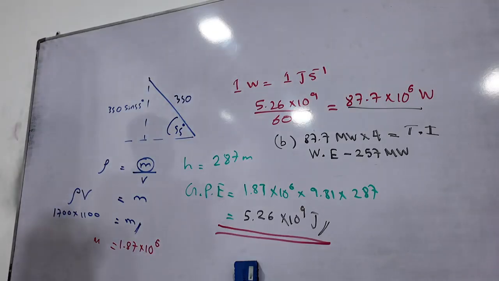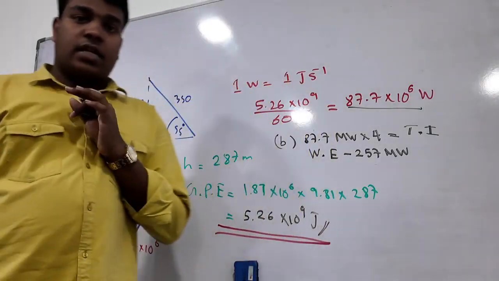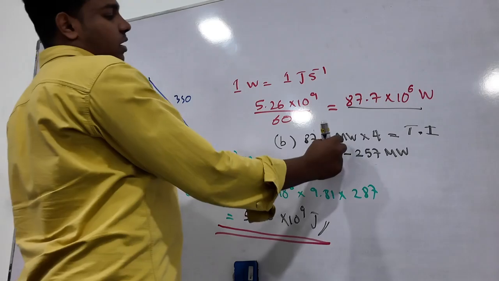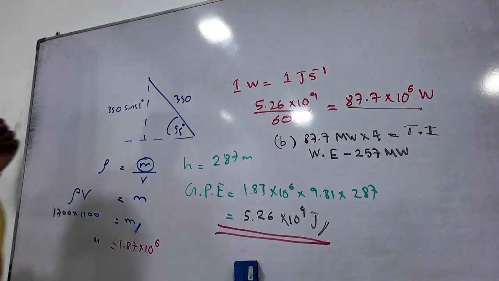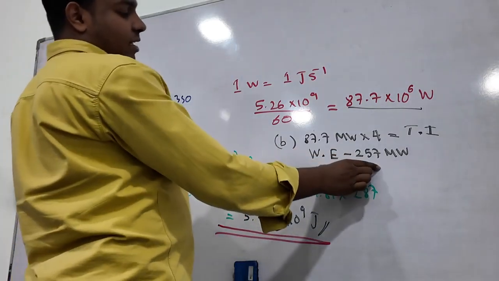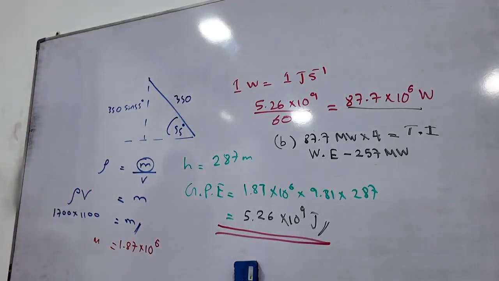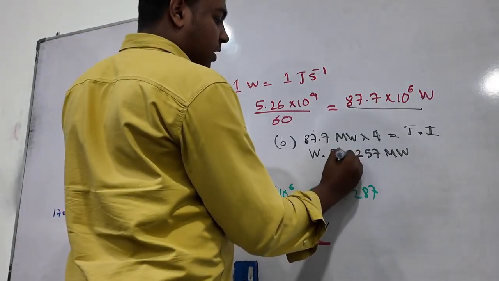You should know efficiency is equal to useful energy output divided by total energy in. So to calculate the total energy, we already know it, 87.7 times 10 to the power 4. Total energy minus wasted energy is our useful energy.